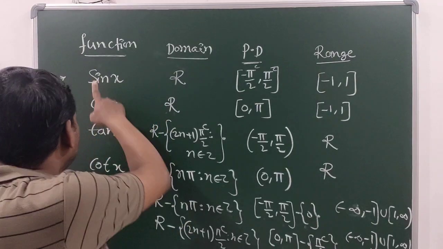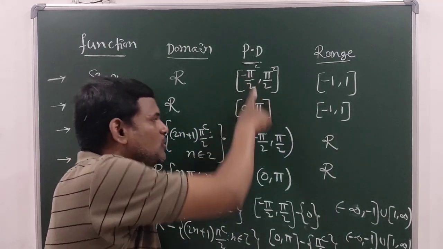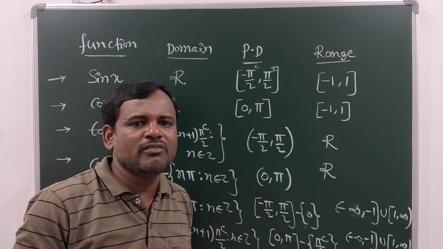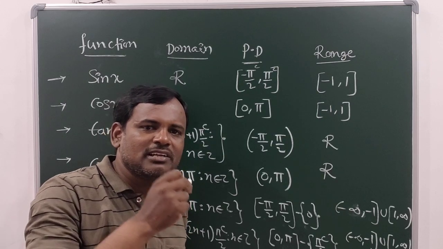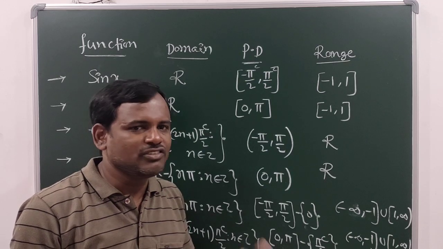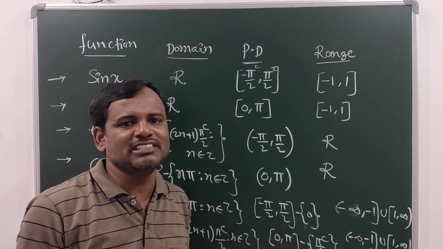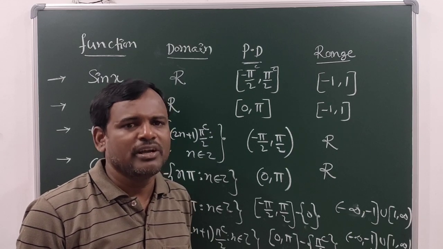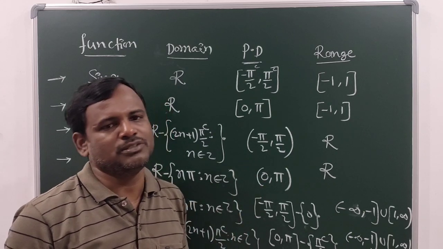Observe the graphs of these functions in their principal domain. Clearly, those functions are either strictly increasing or strictly decreasing. As we know, strictly increasing and strictly decreasing functions are always bijective, hence their inverse is possible.